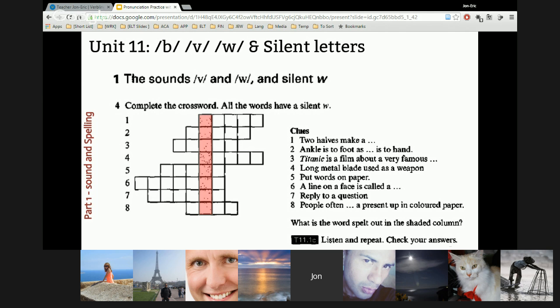Okay. All right. So we've got wrist and we've got wreck from Julieta. Let's go to Mr. Giancarlo for number 4. Long metal blade used as a weapon.